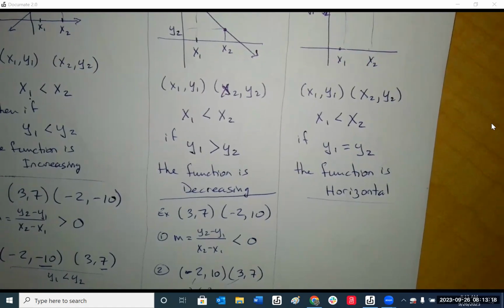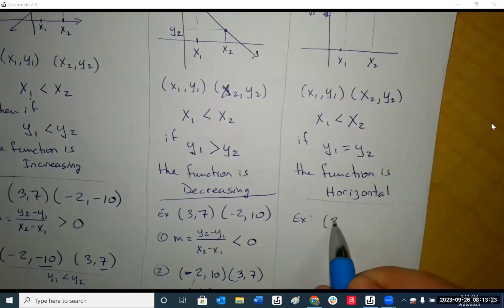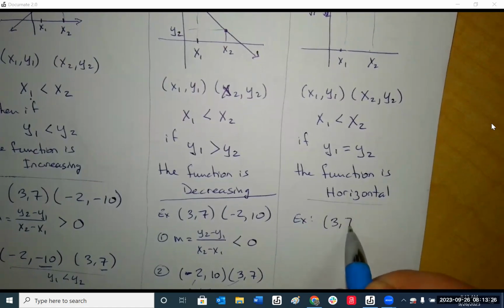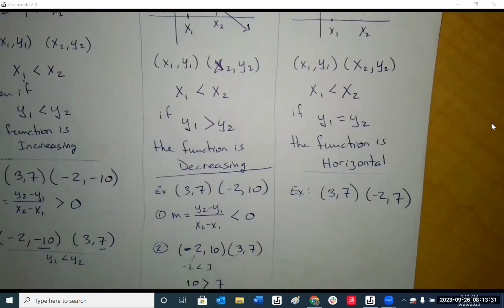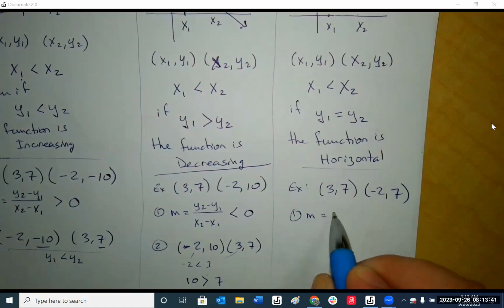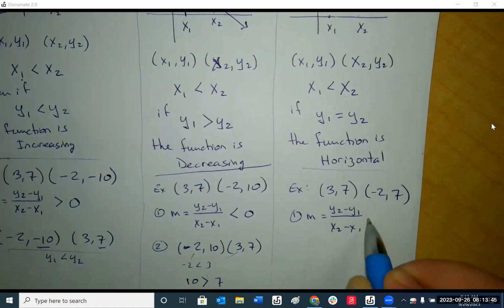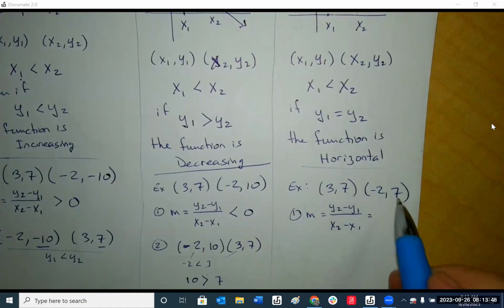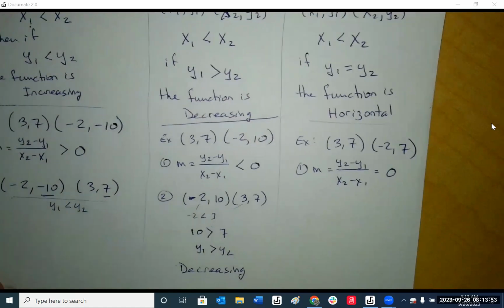Actually, there is one more, but we'll look at that one in a second. (3, 7) and (-2, 7). If you plug it into the slope equation, since y2 and y1 are equal, you'll get a slope equal to 0, which tells us it's horizontal.